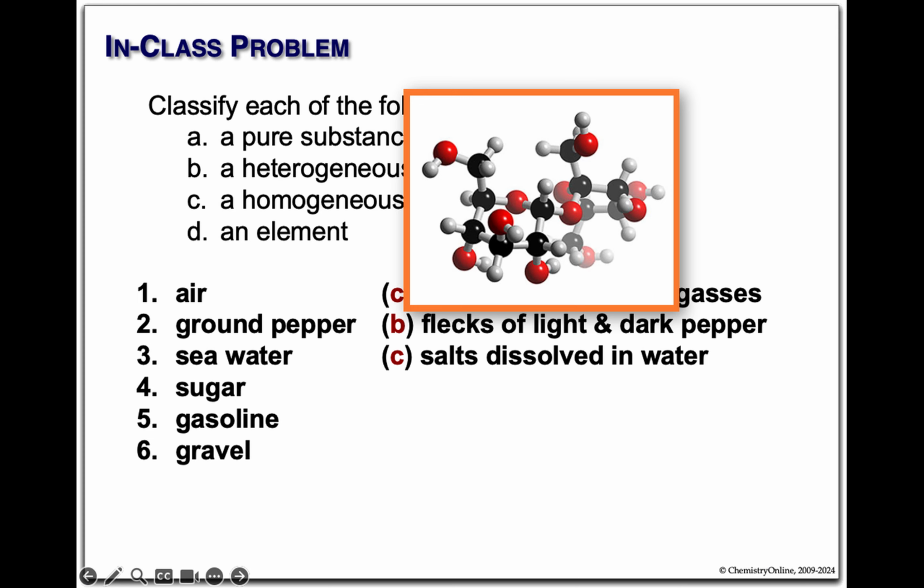Carbon is black, hydrogen is white or gray, oxygen is red, etc. Every molecule of sugar looks exactly like this. This is sucrose. This is a compound. The compound represents an absolute pure substance.